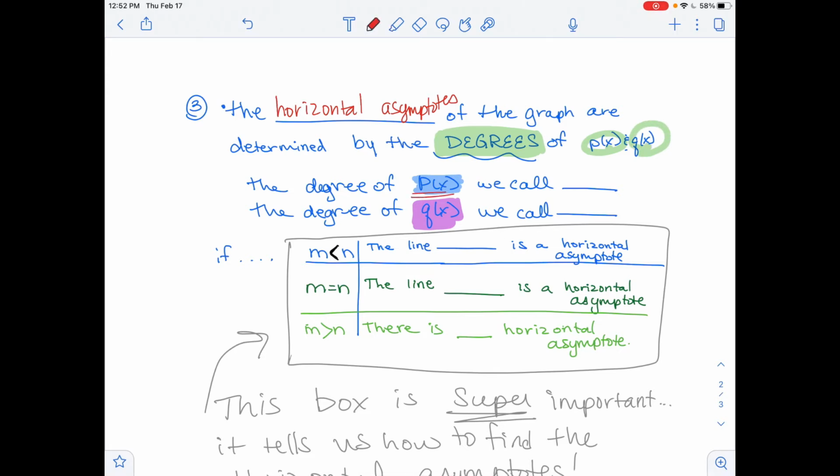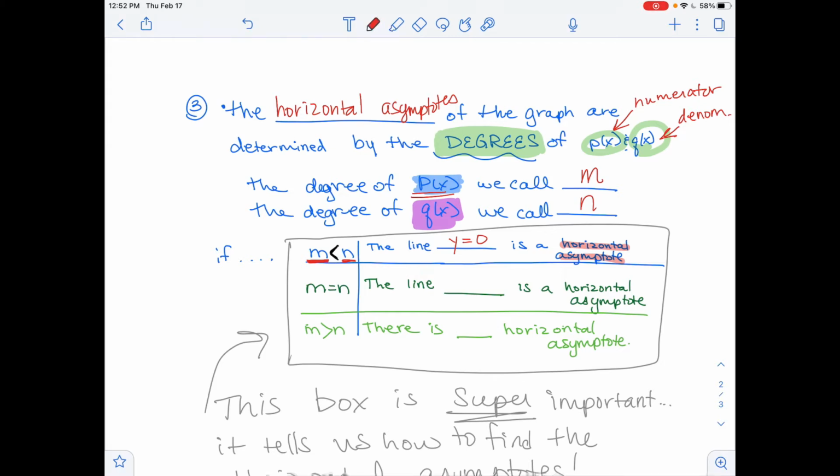So the degree of p of x, the numerator function, we'll call m. And the degree of q of x, the denominator function, we'll call n, okay? So if the degree of the numerator, m, is less than the degree of n, then the line y equals 0 is the horizontal asymptote.